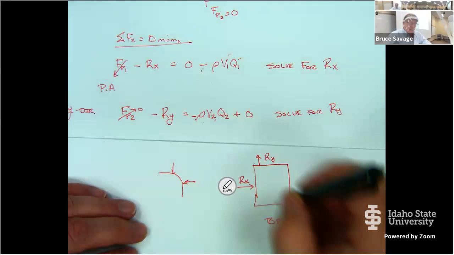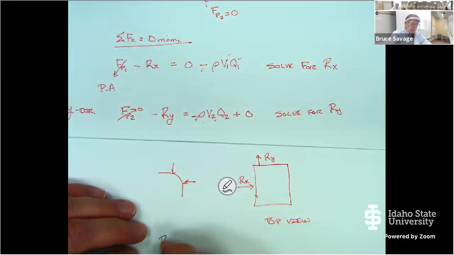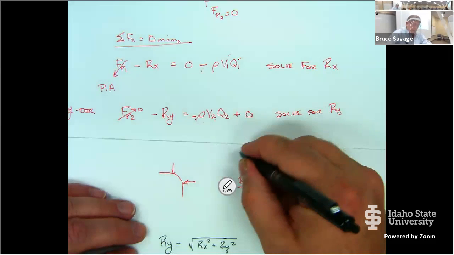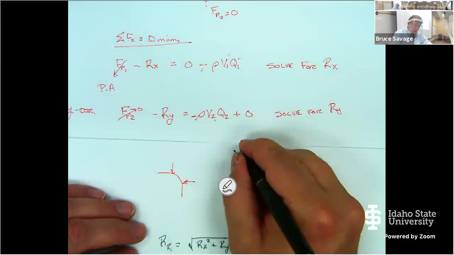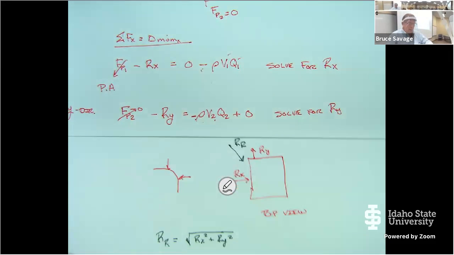Now I can go ahead and take those and find the resultant, the square root of Rx squared plus Ry squared. So I'm going to have some, not Ry, sorry. My resultant, just R, let's call it RR. So my resultant force, RR, is going to equal that right there.